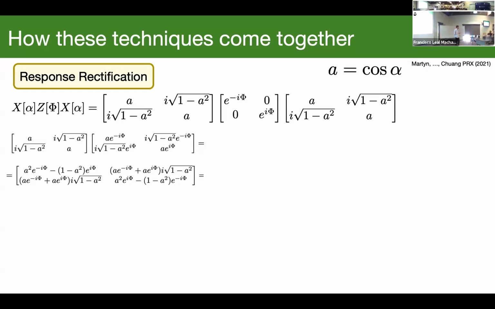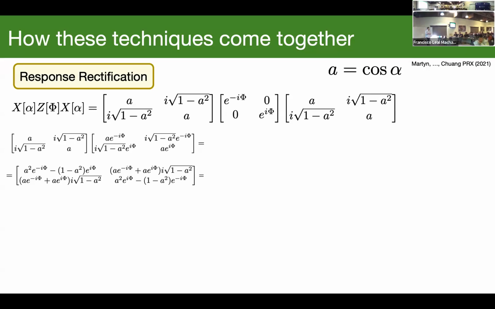I'm going slowly here because the point I want to emphasize is that by having this additional control, I effectively manipulate the response of my qubit and go from a linear response in cosine alpha to a nonlinear one. The nonlinear response is a polynomial of degree 2, because I applied 2 x operations.